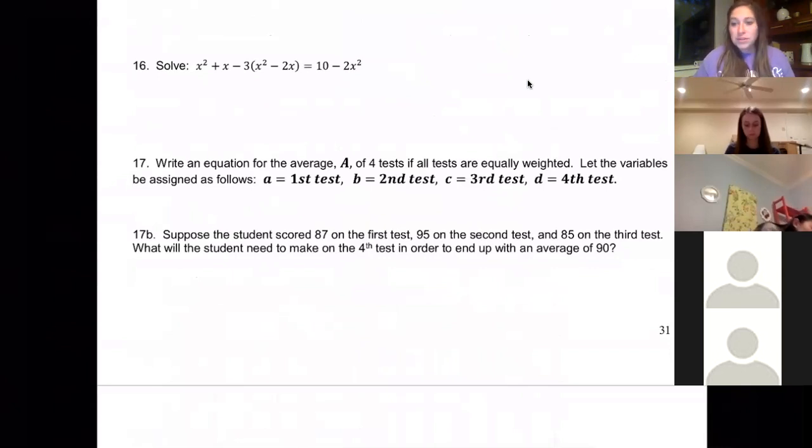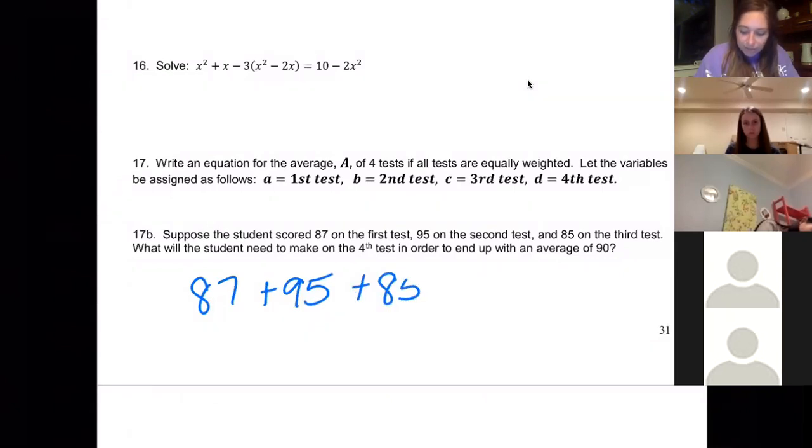So how I would solve this, and it might be the same way that's on the key, is I would try to set it up where X is considered the fourth test. So I have an 87, I have a 95, I have an 85, and then I also have this mysterious fourth test.